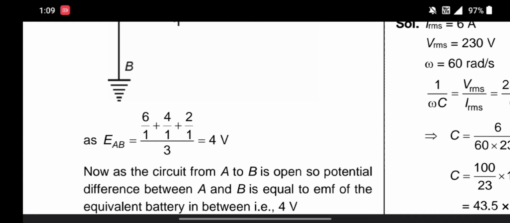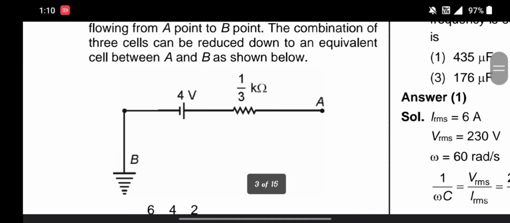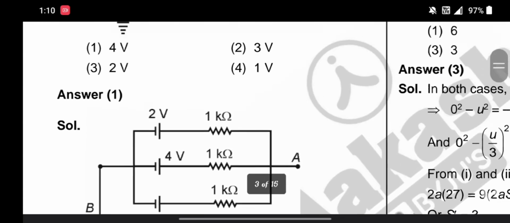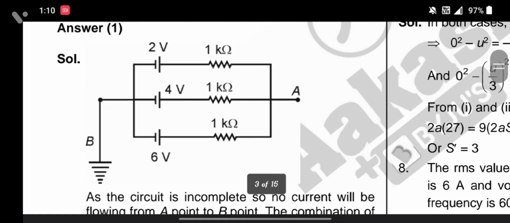So 6 by 1 plus 4 by 1 plus 2 by 1, divided by 3, as the total is 3. If you add all this we'll get 12, so 12 by 3 is 4 volt. Therefore the correct answer that we will get is 4 volt.